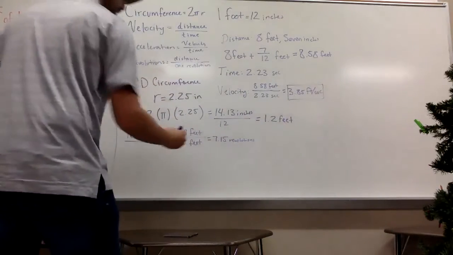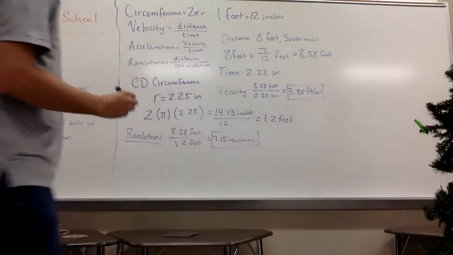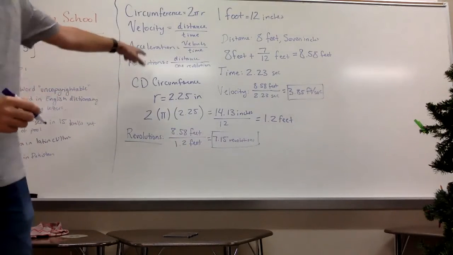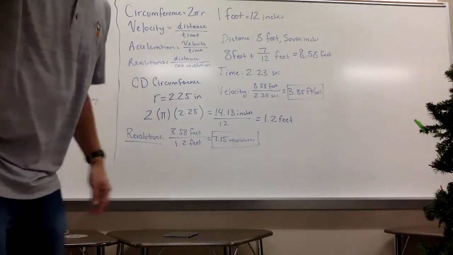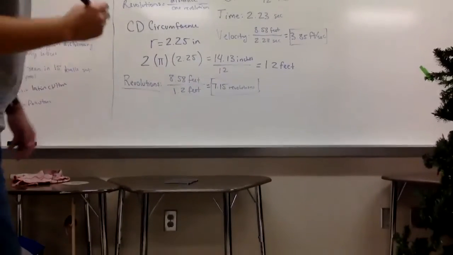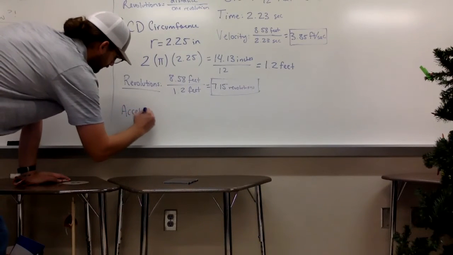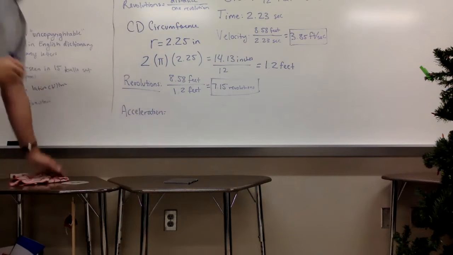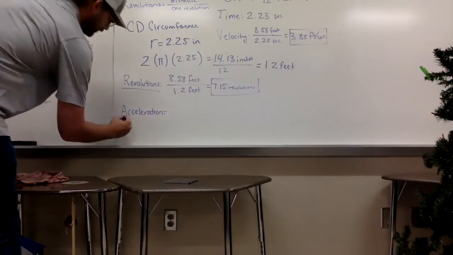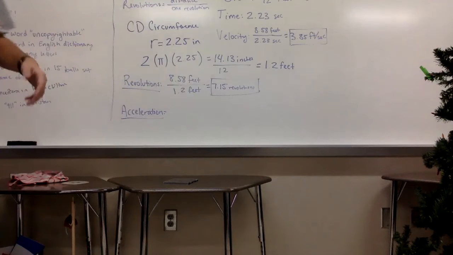I've gotten velocity. I've gotten revolutions. What's left? Acceleration. I'm going to do acceleration right down here at the very bottom. I know that acceleration is equal to velocity divided by time.